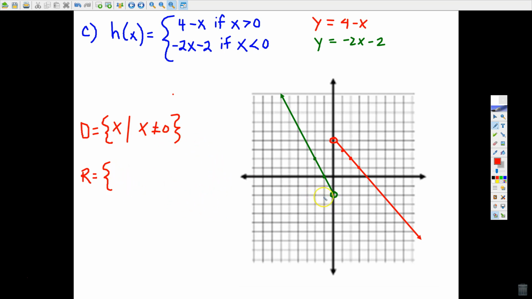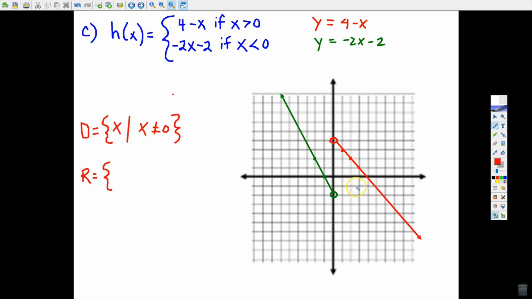Now let's look at the range. Again, we're looking vertically. Do we have all of the numbers that would be listed on the y-axis, both positive and negative, involved as part of an ordered pair either in the green or in the red?